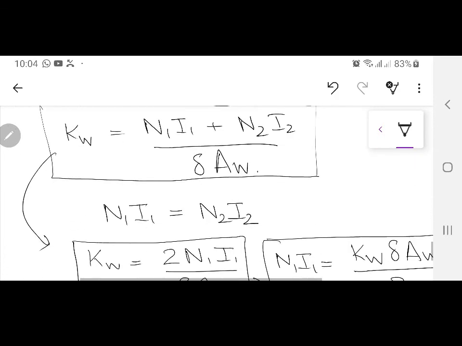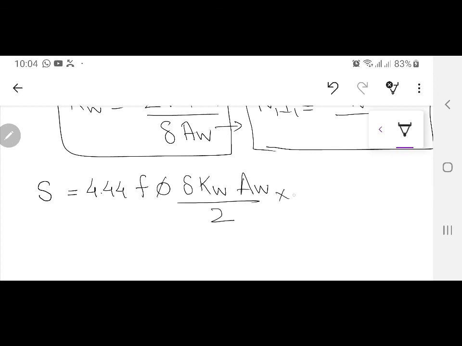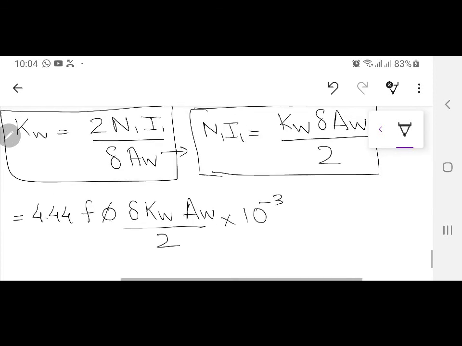So now my final equation becomes, that is S equal to, let's see it over there, 4.44 f flux into delta Kw AW divided by 2 into 10 raised to power minus 3.